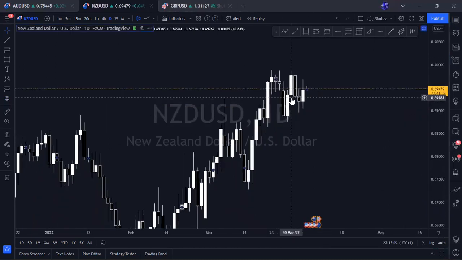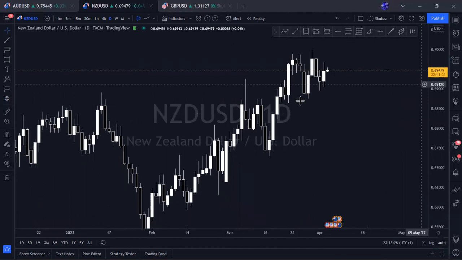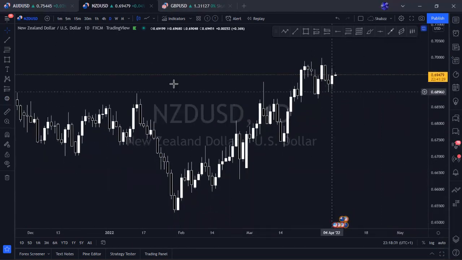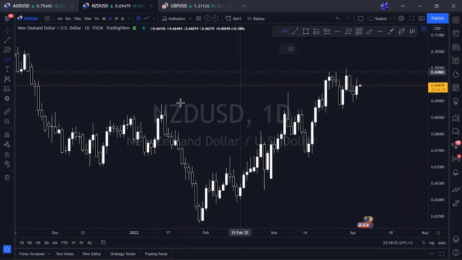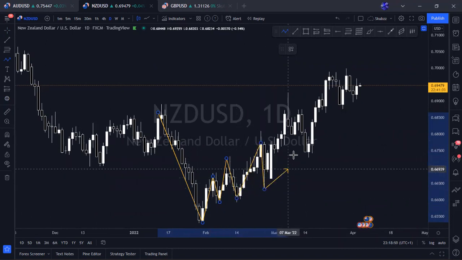So I would start with the top-down analysis. We'll start from the daily. I would like us to have the whole long-term overview of this market. We broke to the downside here. It was kind of like a downtrend, but after that, we started having a series of higher highs and higher lows, with another one here, higher highs and higher lows.